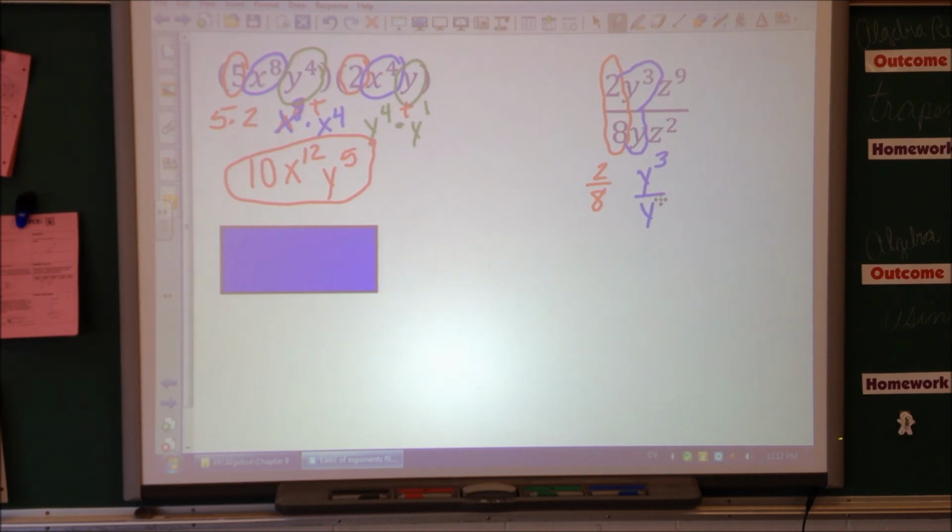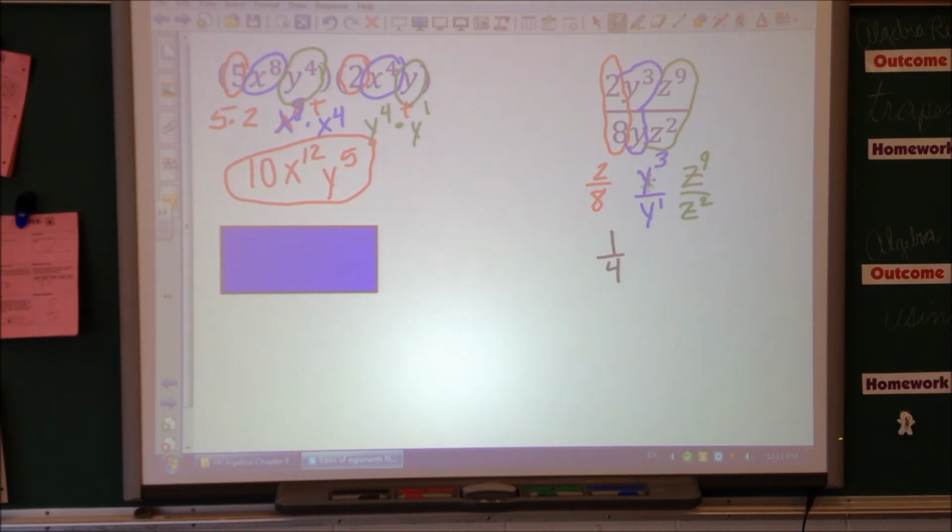Remember, that means y to the 1. And then this is z to the 9 divided by z to the 2. So 2 divided by 8 is simply 1/4. That's all I can do, is simplify that fraction.